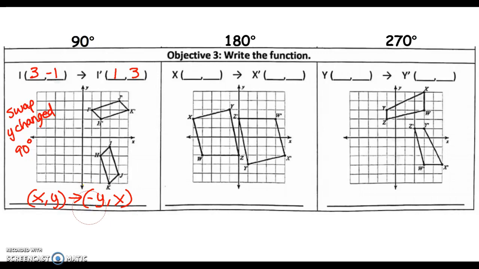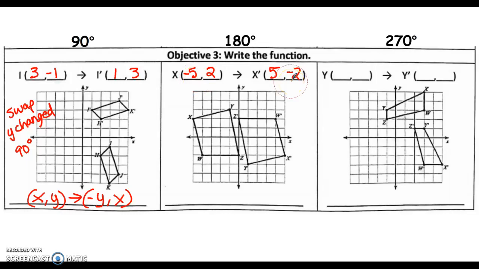Okay, let's look at this one. So I've just randomly chosen a letter. I've chosen x, so we need to write those ordered pairs. The ordered pair for x is negative 5, 2. The ordered pair for x prime is 5, negative 2. So the first thing that I would ask myself is, did the numbers swap places? No, they did not swap places.